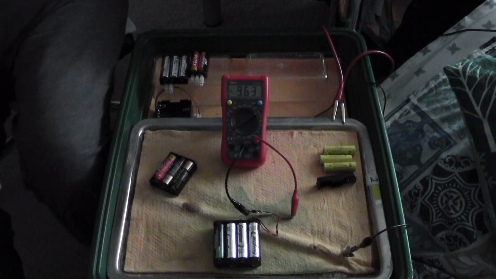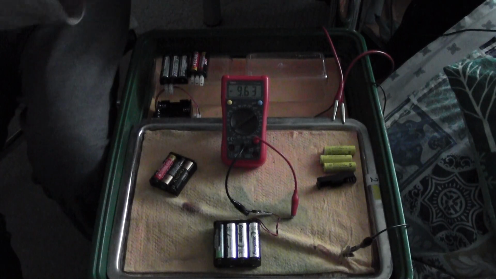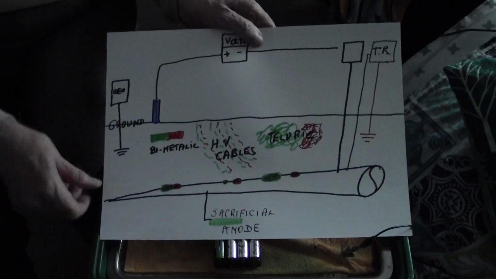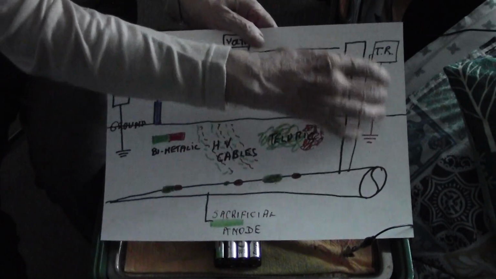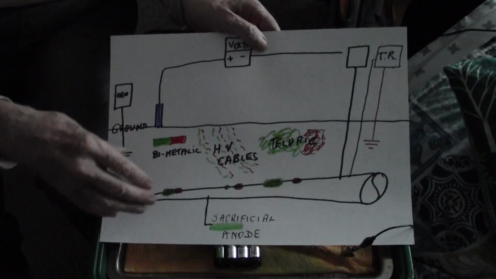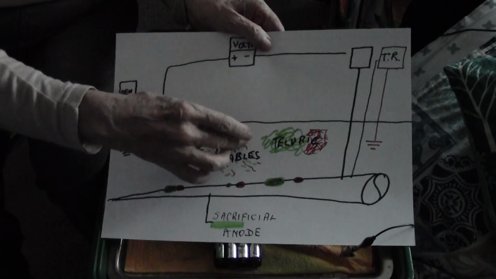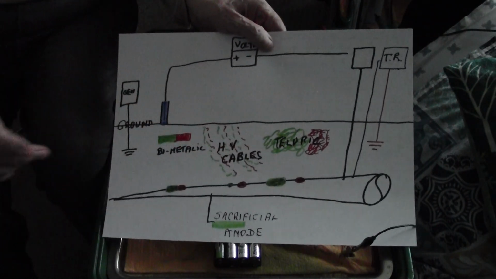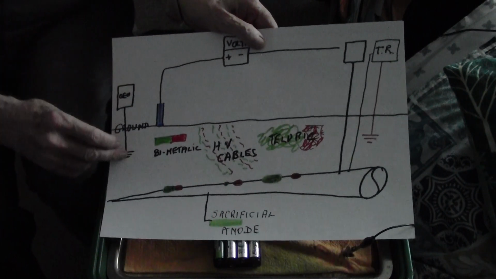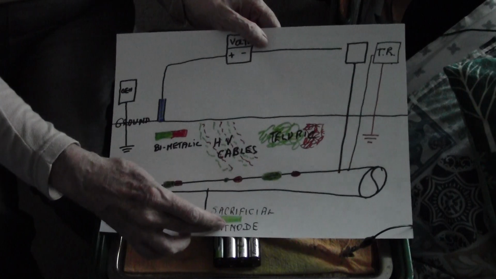So if we think about the influences that we are trying to measure and to analyse, we have the transformer rectifier, which is pumping charges into the ground. We have telluric effects. We have high voltage cables. We have bimetallic couplings. We have generators off star, and we have sacrificial anodes.